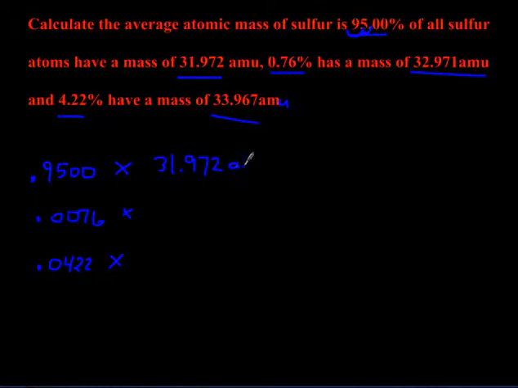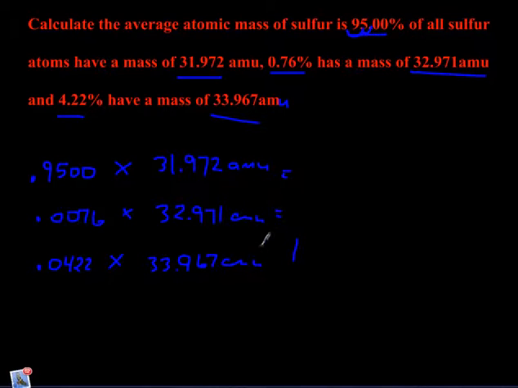Again, I'm not messing with the decimal in those values. The biggest mistake people can make is changing the decimals in the masses instead of the percentages. That's really it. This one goes with 32.971. And this one goes with 33.967 AMU.